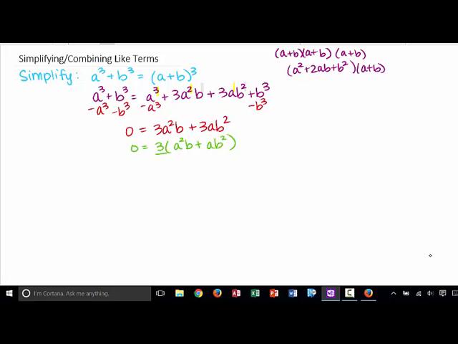I can divide both sides by 3, because 0 divided by 3 is still just going to get me 0. So I'm not really changing any value of these variables. And so I would say this is probably the most simplified that I can get this equation.